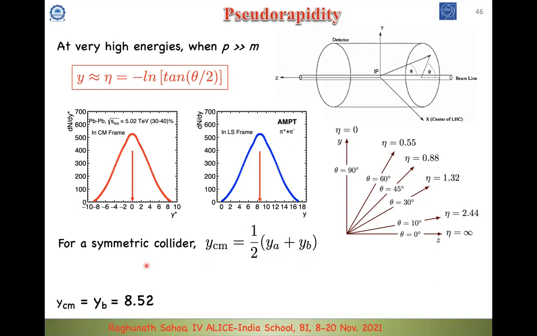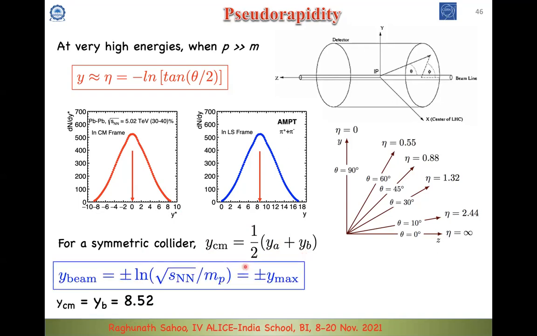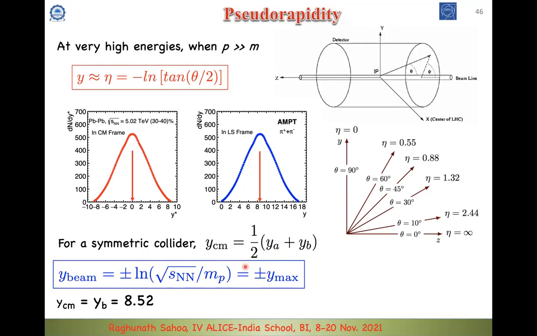Now you will find that your y beam, which is the y maximum, can be calculated using this formula. When you make this Lorentz transformation going to the laboratory frame, the mid y, or y center of mass, is shifted by exactly this amount, which you can calculate using your y beam.